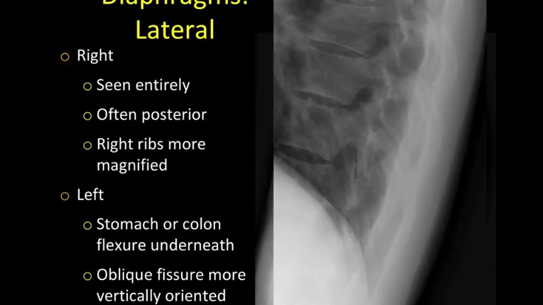And here we can see the right ribs have a slightly increased shaft thickness compared to the left side. They tend to project posterior to the left, but this is not a reliable rule because of rotation. So looking at the shaft thickness is helpful, and these are the right ribs. The diaphragm on the right goes to and touches the back of these ribs, as opposed to the left side, ribs touching the left diaphragm.